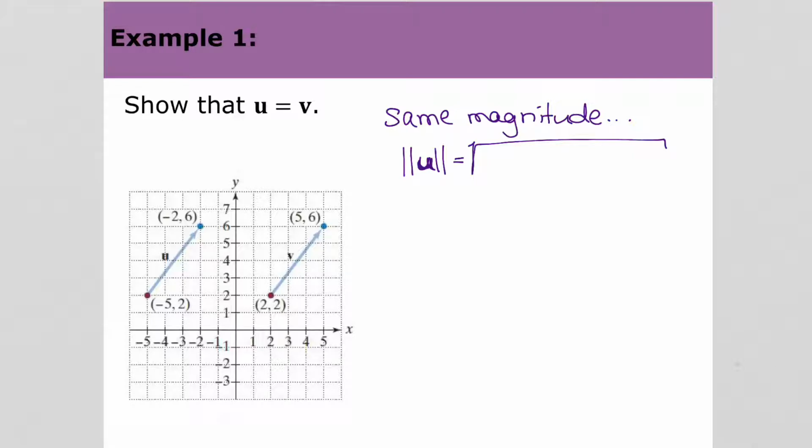So for vector u, that's the one on the left, let's see, I did the y values first. It really doesn't matter, but the y values subtracted squared plus the x values subtracted and squared.